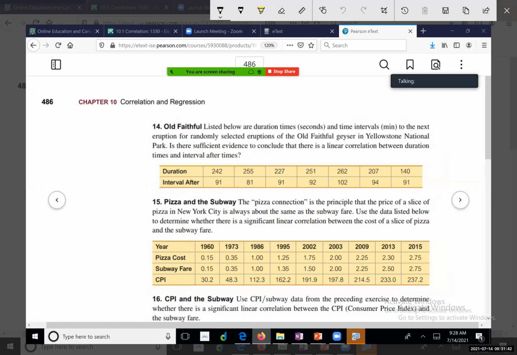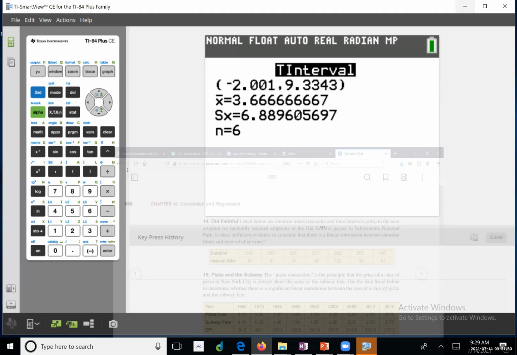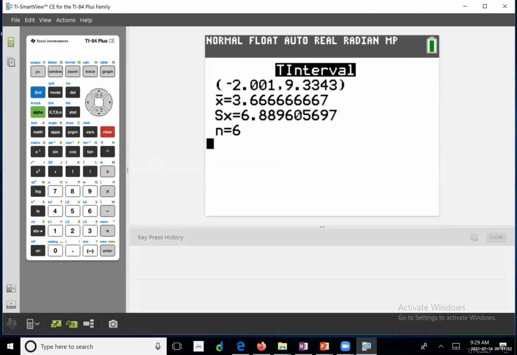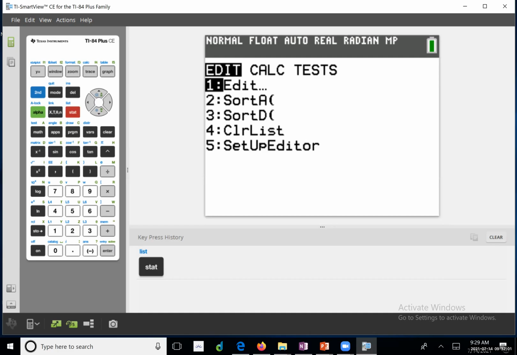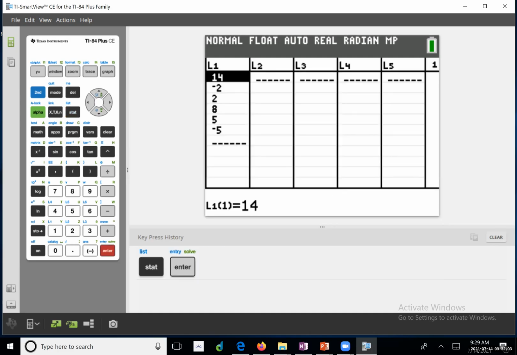To those who responded, you put them in L1 and L2. So let's just go and do that. Let's go to our calculator, clear. Okay, let's go to stat, edit, L1. So can someone read L1 to me, please?